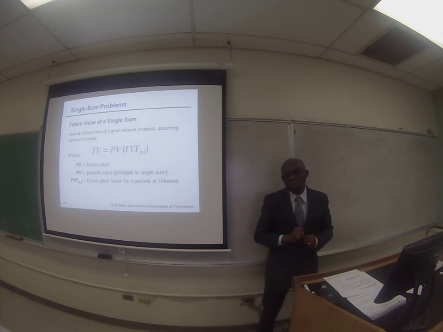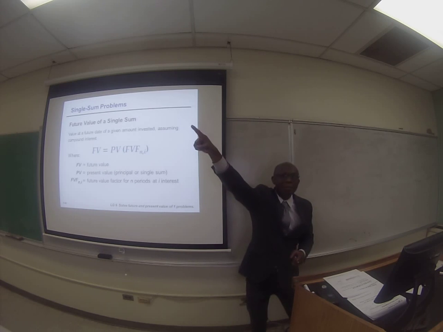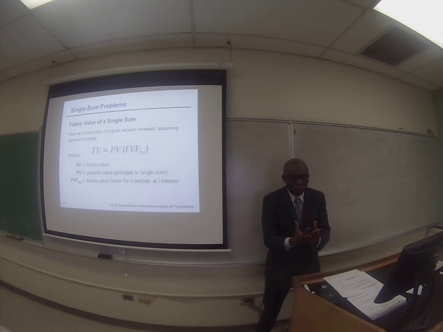With the same token, if I say what is the present value of $2,000, what is the present value? So the question mark is what is the present value? So that is the unknown. Present value is the unknown. Therefore, I am talking about what? Future amount. So what is the present value of $2,000?